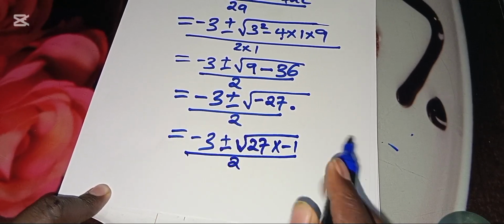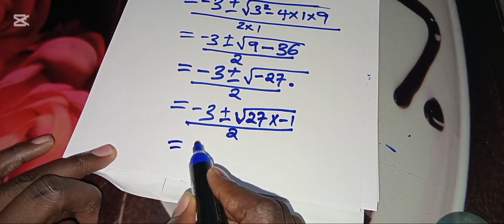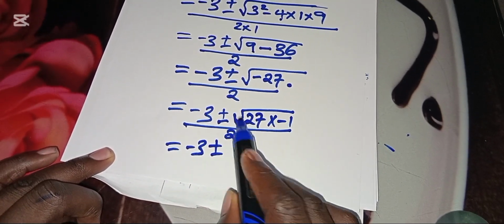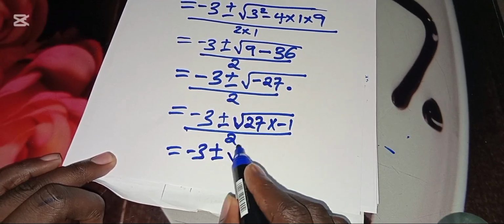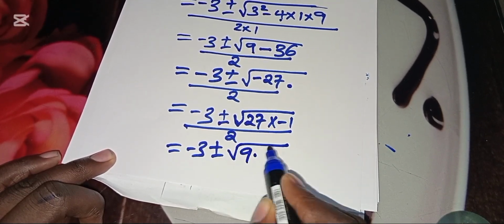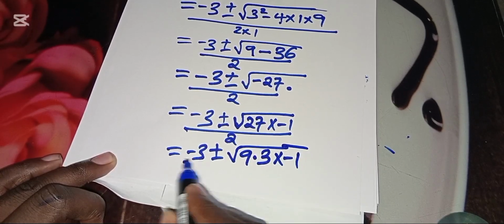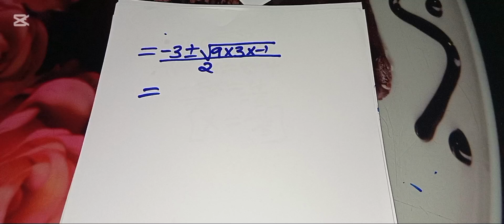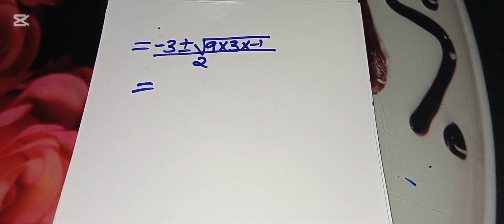We can also express 27 as 9 multiplied by 3, so 27 is 9 times 3 times negative 1.